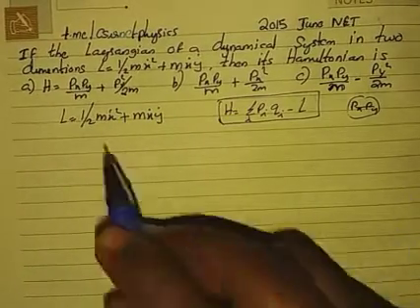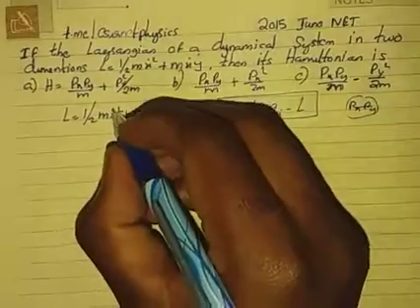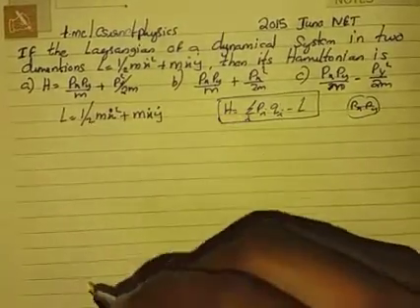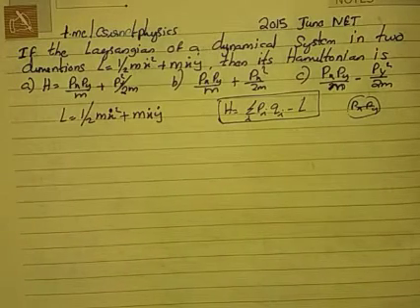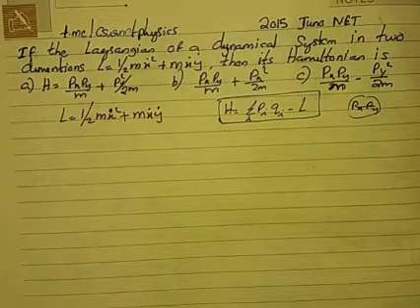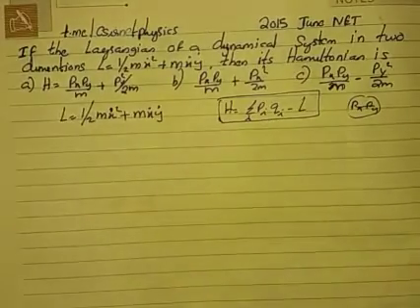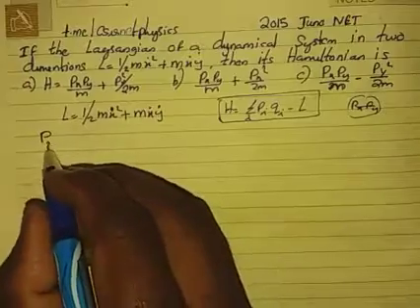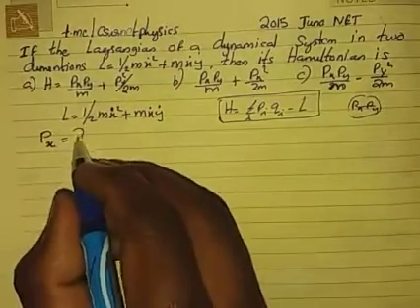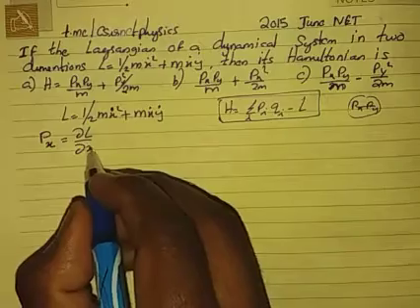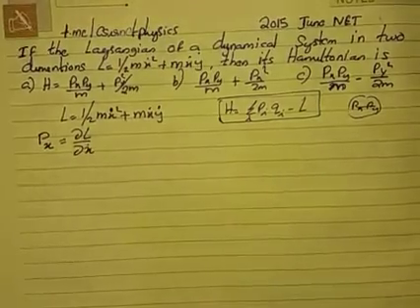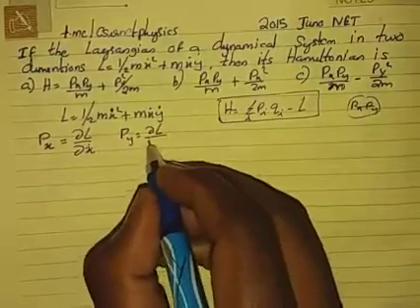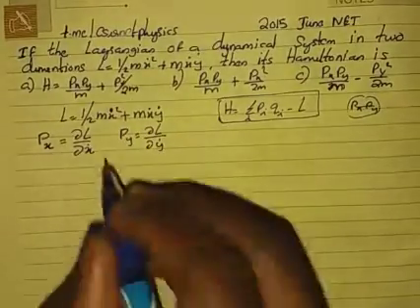First of all, our Lagrangian is in the form of x-dot squared and x-dot y-dot, which gives us the corresponding velocities in the x and y directions, so that you can understand easily. Now we need to find out p. First, p_i for i equal to 1 is px = ∂L/∂x-dot, and py = ∂L/∂y-dot.